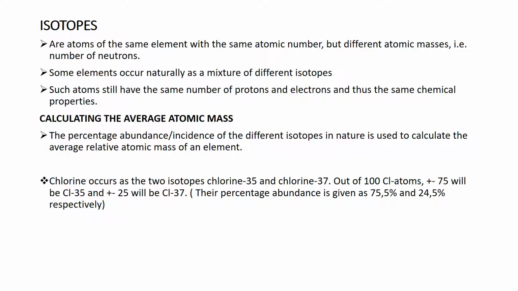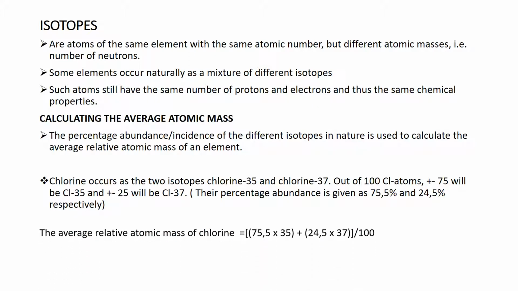meaning that chlorine 35 has a percentage abundance of 75.5% and chlorine 37 has a percentage abundance of 24.5%. How do we calculate our average atomic mass then?